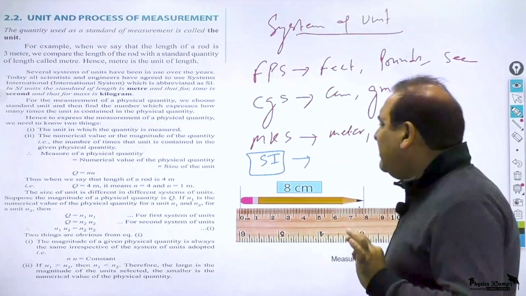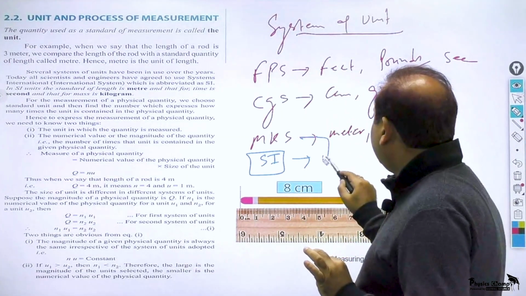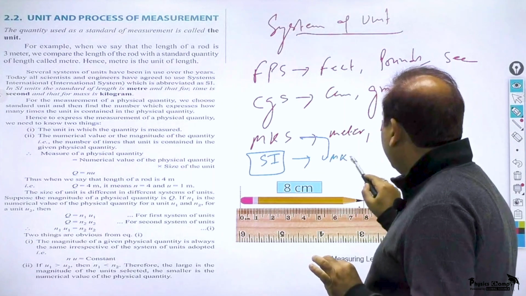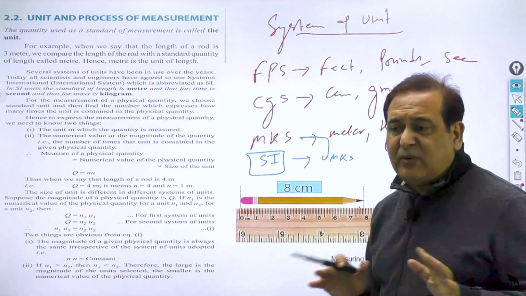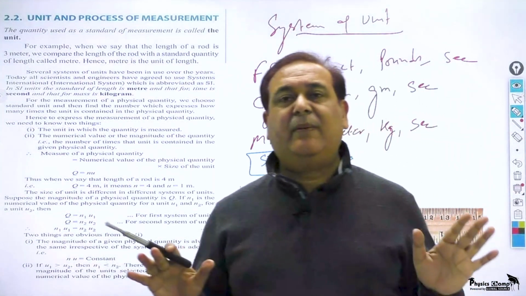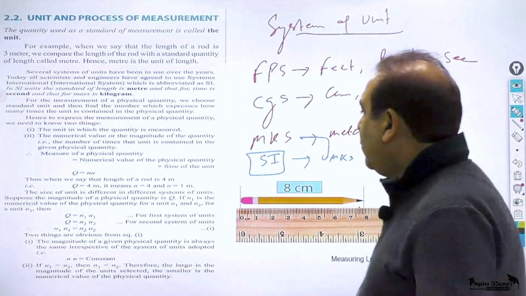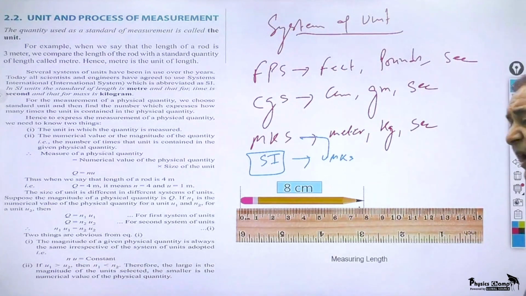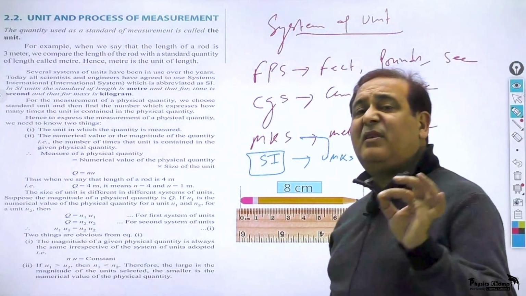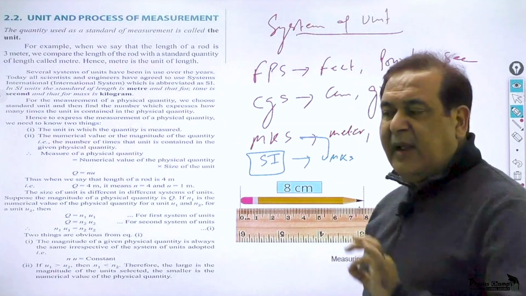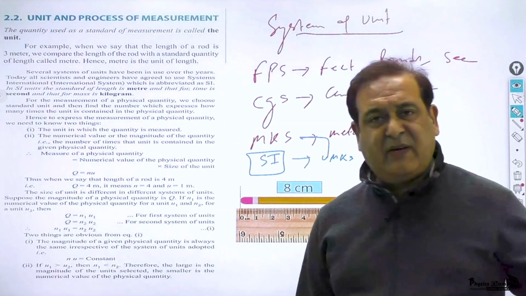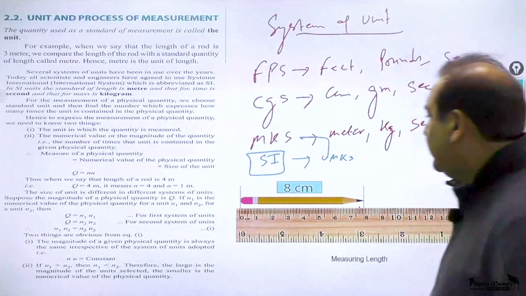This SI system is just an extended version of the MKS system. MKS system talks about only 3 units, while SI has 7 fundamental units. We will talk about the SI system in detail. It is basically the MKS system extended, and it is used as the most standard system across the world.